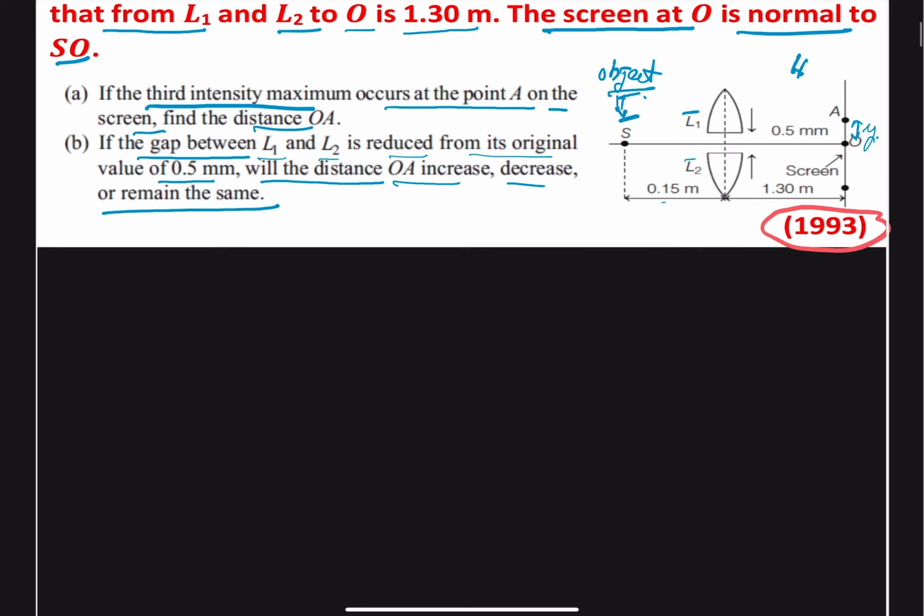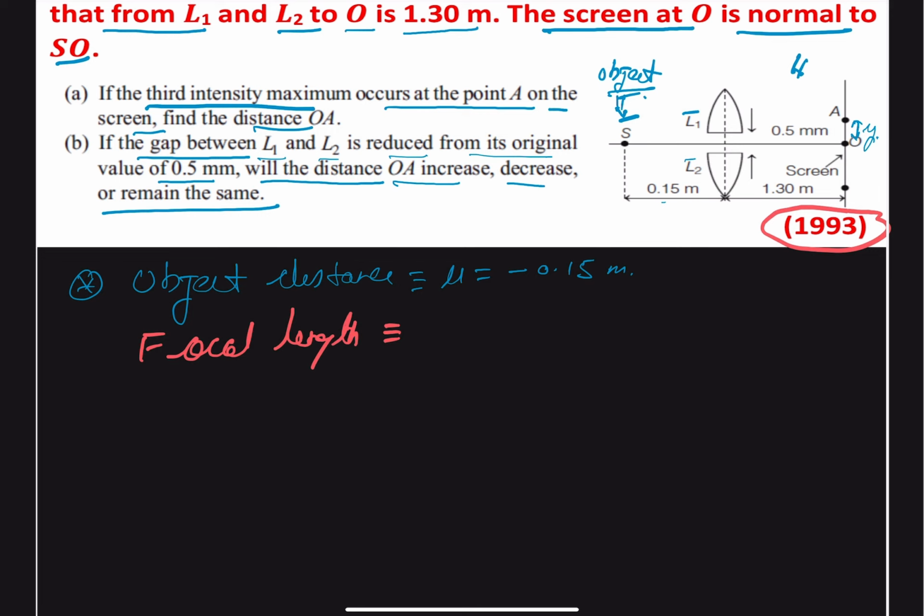So we can write that the object distance, represented as U, is equal to minus 0.15 meter, and the focal length F is equal to plus 0.10 meters because it is a converging lens.